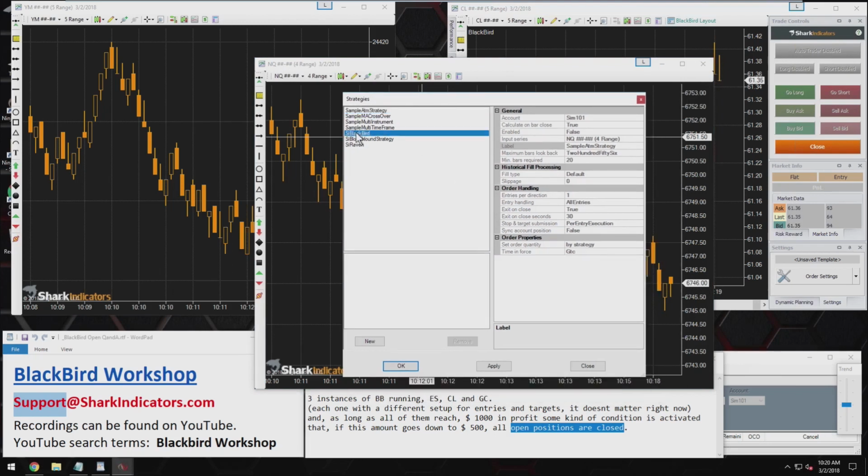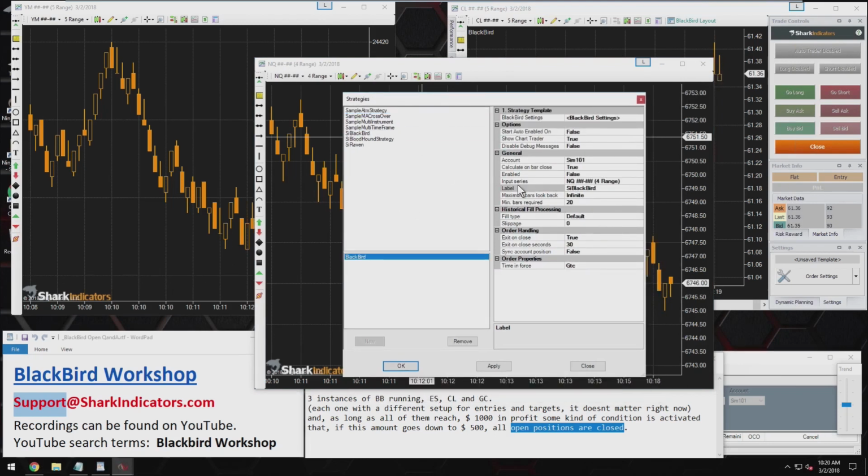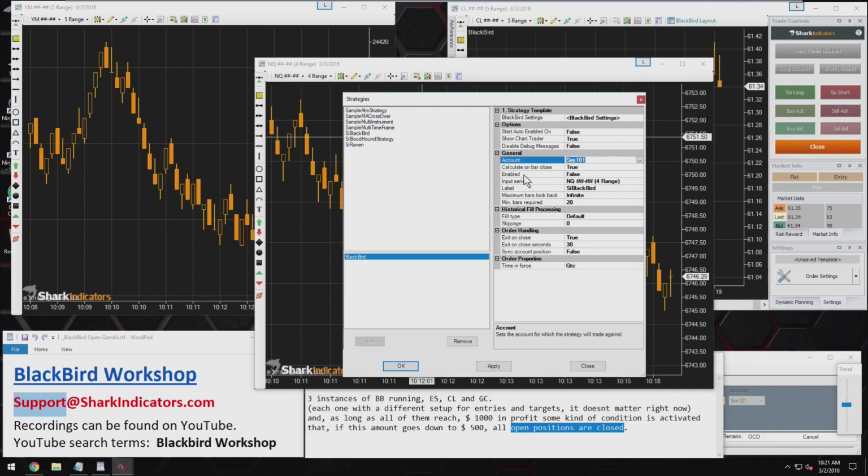All right, let's get this other BlackBird on. A couple of key settings to pay attention to are the account that you want BlackBird to trade in, and also don't forget to enable it. Strategies are different.